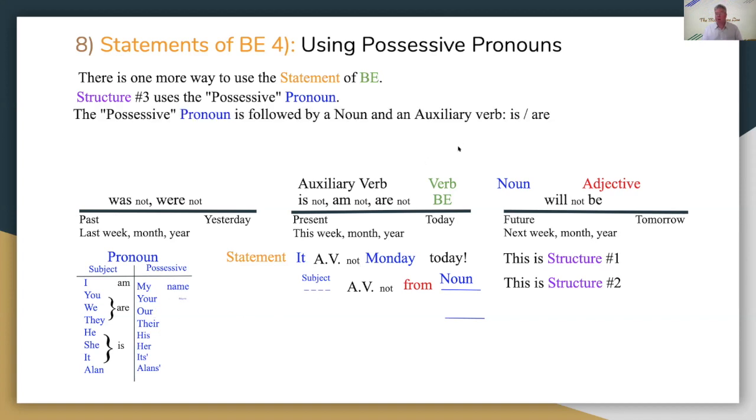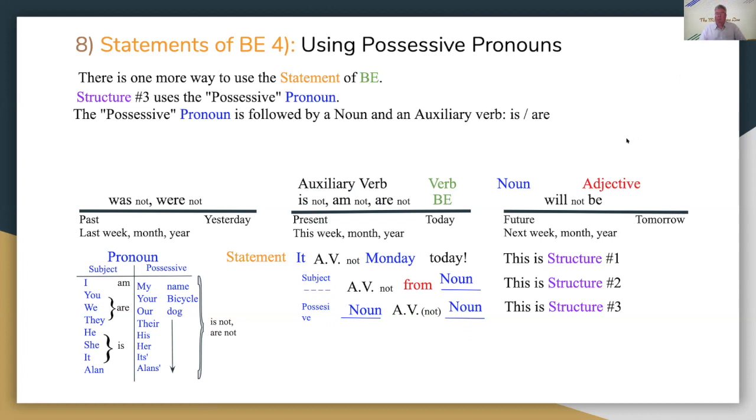And the possessive pronoun is followed by a noun and an auxiliary verb. So, my name is, your bicycle is, our dog is. Okay, there's always a noun here and an auxiliary verb, and the auxiliary verb can be positive or negative. And this is structure number 3.